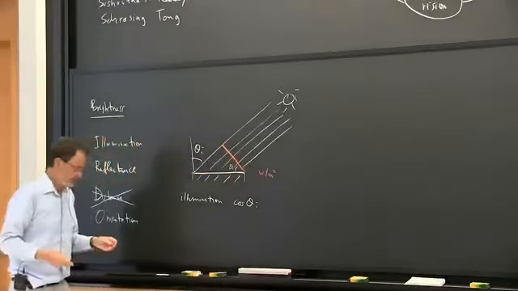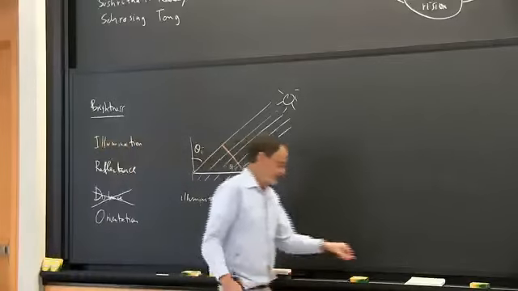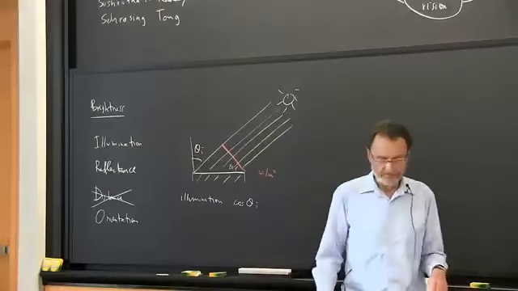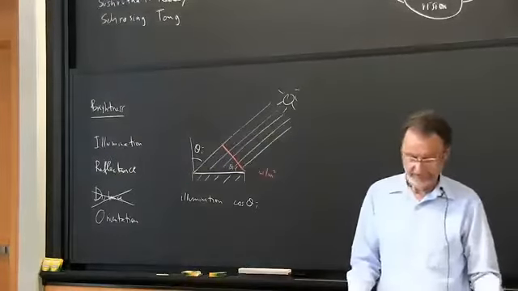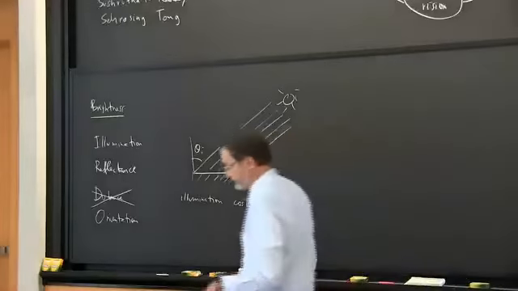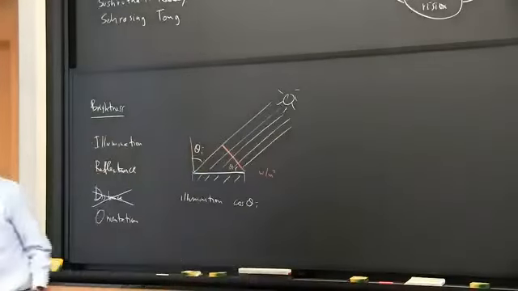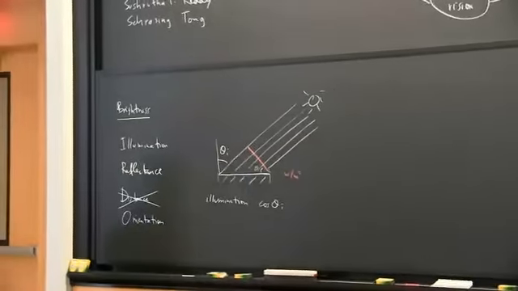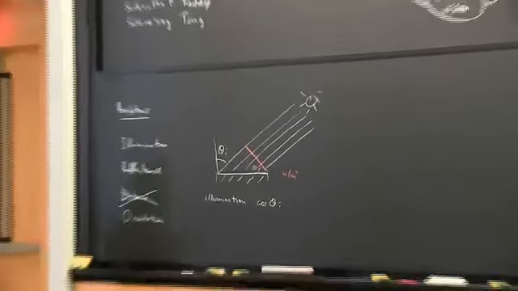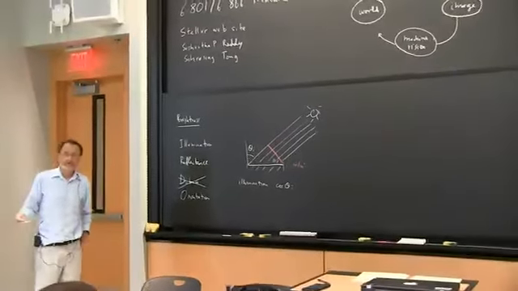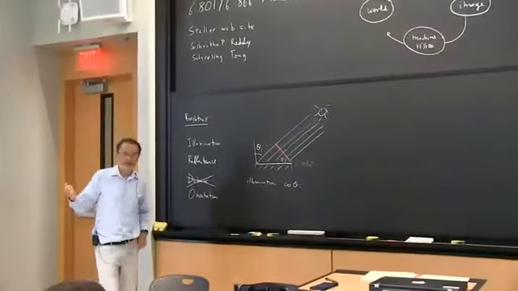So we find that in this case, the illumination on the surface varies as the cosine of the angle. And this is something that we'll see again and again. Now, it doesn't necessarily mean that its brightness, the amount of light it reflects, goes as the cosine of the incident angle. That is the simplest case.